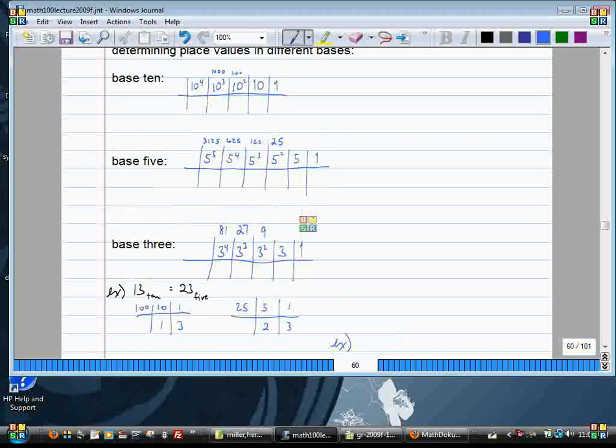So now let's go back and look at the number 100 in base 3. Let's figure out what number that is in base 10. We're in base 3, so what are our place values? What's the smallest one? 1, and then 3, and then 9.